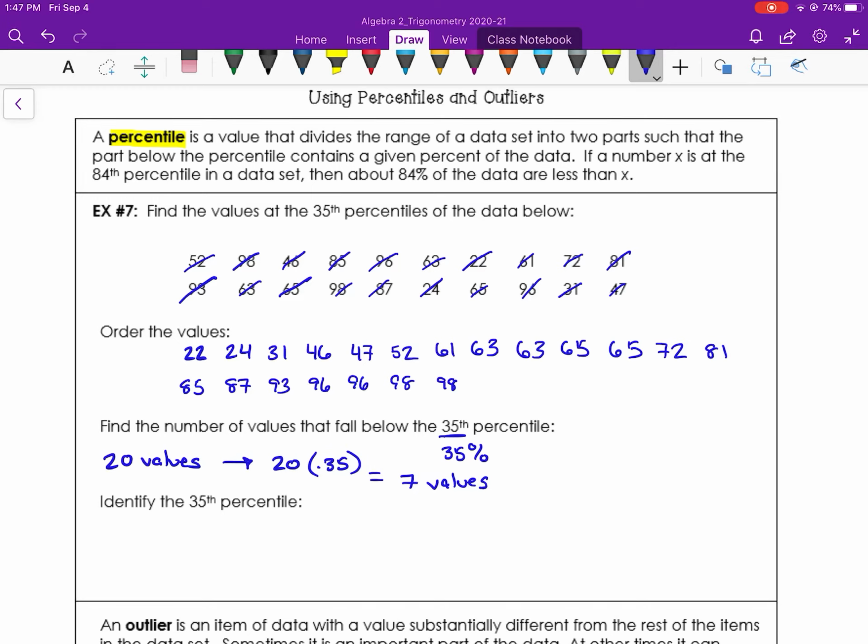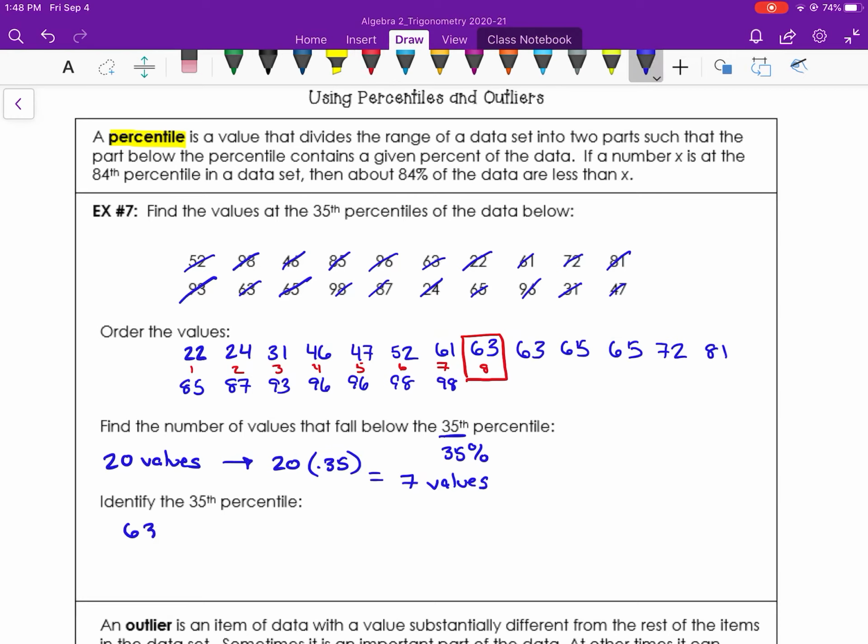Okay, so we're going to identify what the 35th percentile is. So we need to go up 7 values. We got 1, 2, 3, 4, 5, 6, 7, and then 8. So the number 63 here is greater than those other 7 values. Sorry, it's at the 35th percentile.